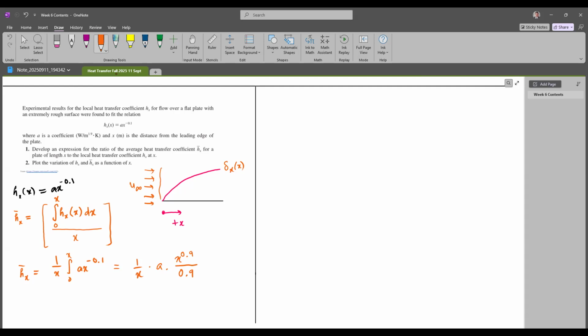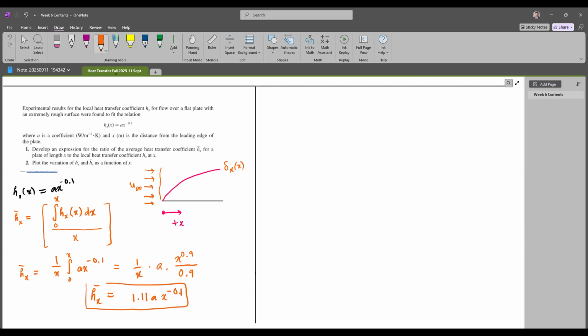And if you just calculate, this x cancels with this one, so x raised to the power minus 0.1, and a is multiplied by 1 over 0.9. If we send it to the numerator, finally we are going to get this expression. hx bar is 1.11 a times x raised to the power minus 0.1. So this is the hx bar value.